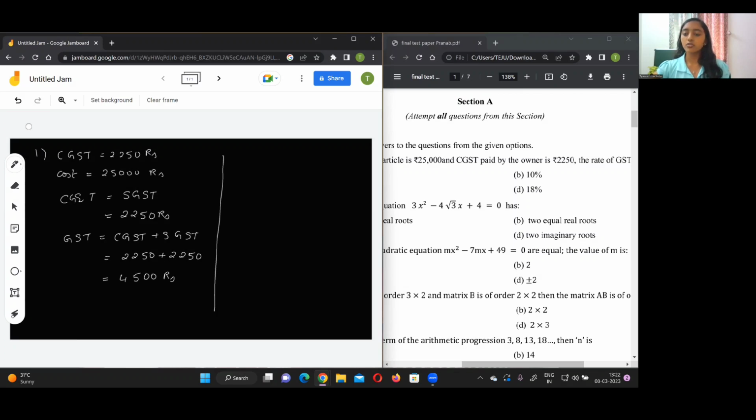Now we know the GST. They're asking you the rate of GST. So the rate of GST will be equal to GST by the cost of the article into 100, which comes to 4,500 rupees by 25,000 rupees into 100.